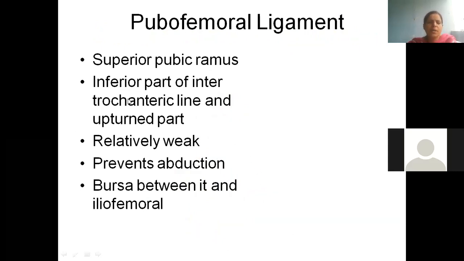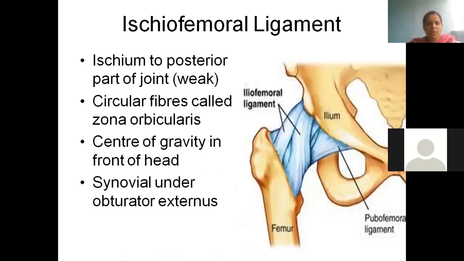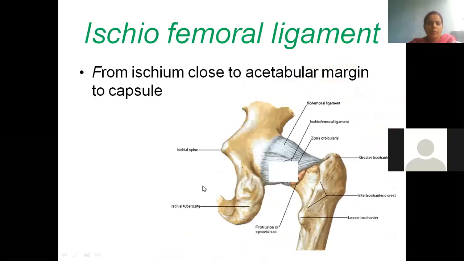Okay, especially towards the intertrochanteric line. Comparatively, when you compare with iliofemoral ligament, it is not so strong, it is relatively weak, it prevents abduction, and there is a bursa here. Okay, so that is the iliofemoral bursa. So iliofemoral ligament we saw.